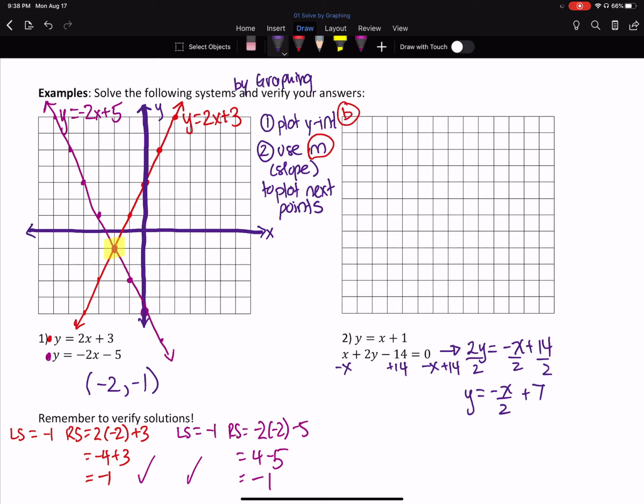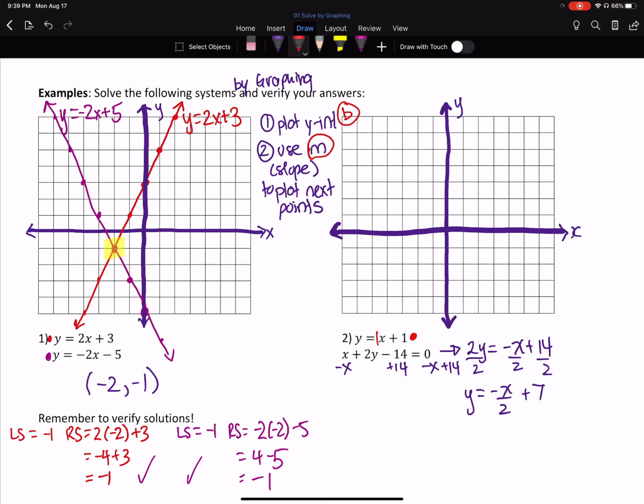Here we go. We're going to draw our axes. So that's y, and then our x. Again, I'm going to use red for this one, and so our slope, there's no number in front of x, but there's an invisible 1, so don't forget that, and that means that when we start our graph, we are going to plot our y-intercept.